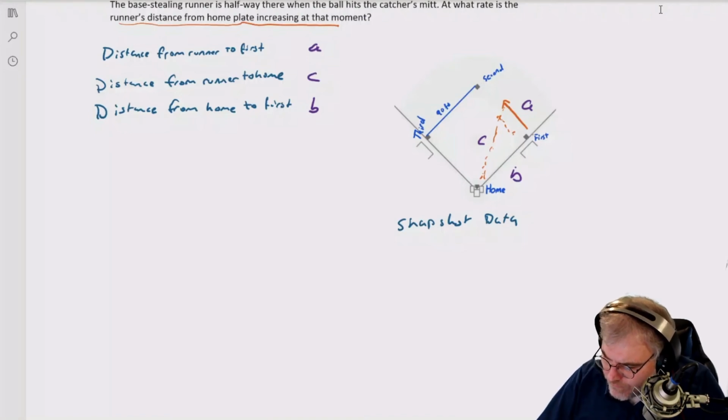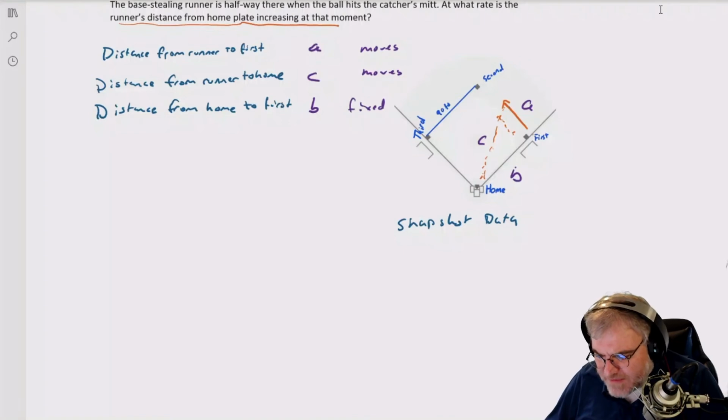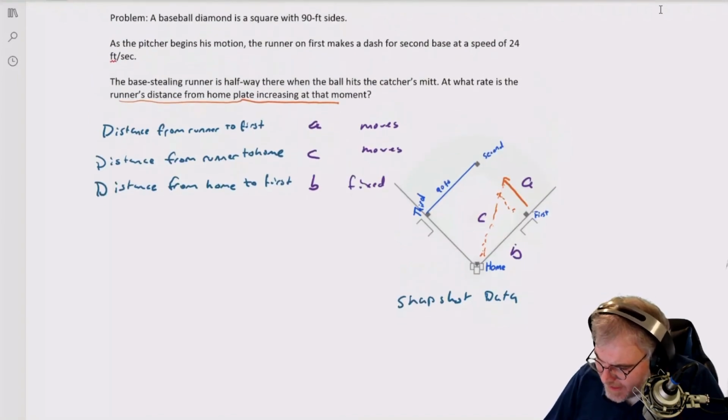Now, this moves. This is fixed. And it's not fixed as in a snapshot. That's fixed. And the thing that's happening here is feet per second. That means time's involved.